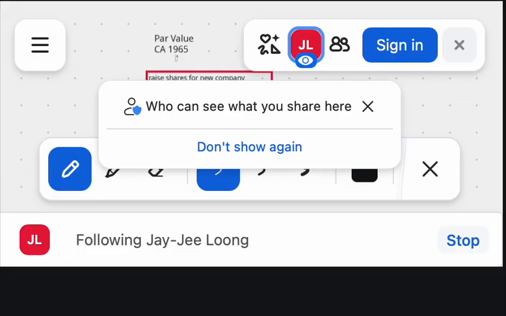Let's say I issue 1 million shares and my par value is RM1 per share.